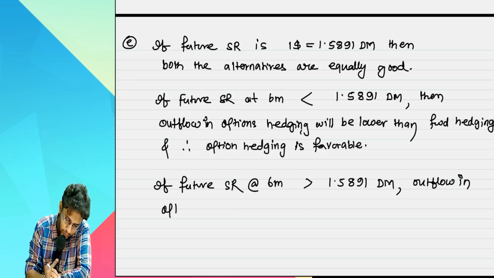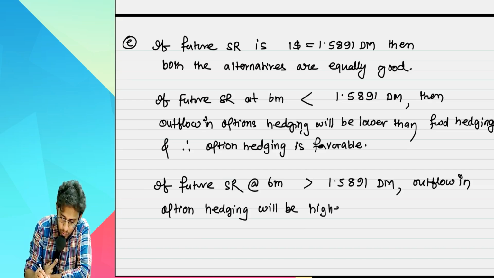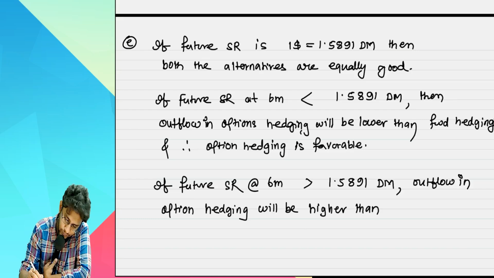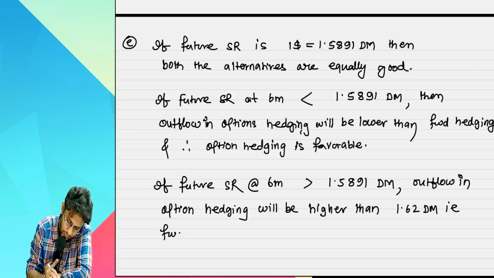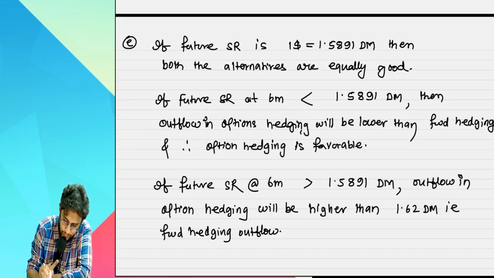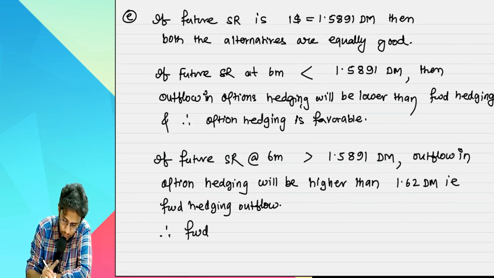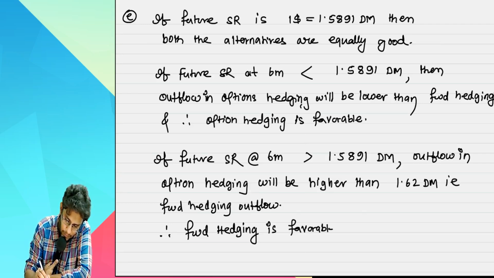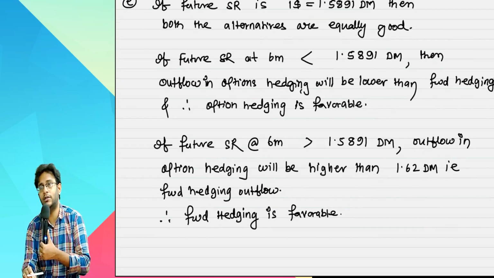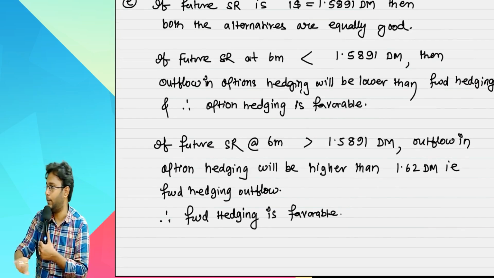Outflow in option hedging will be higher than 1.62 dm, that is the forward hedging outflow. Therefore forward hedging is favorable. So the answer for the range is 1.5891, above and below.